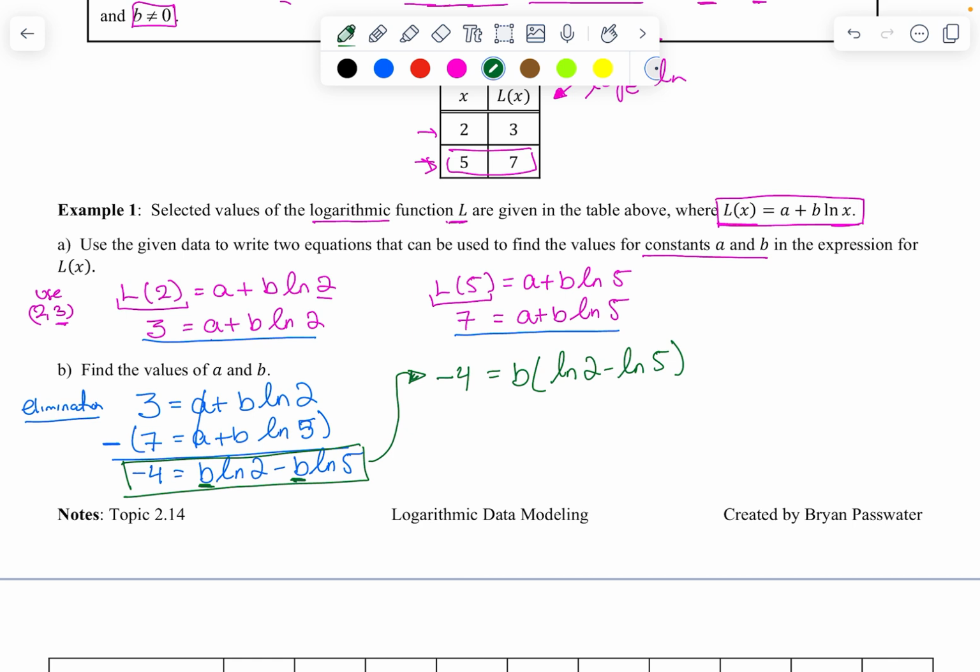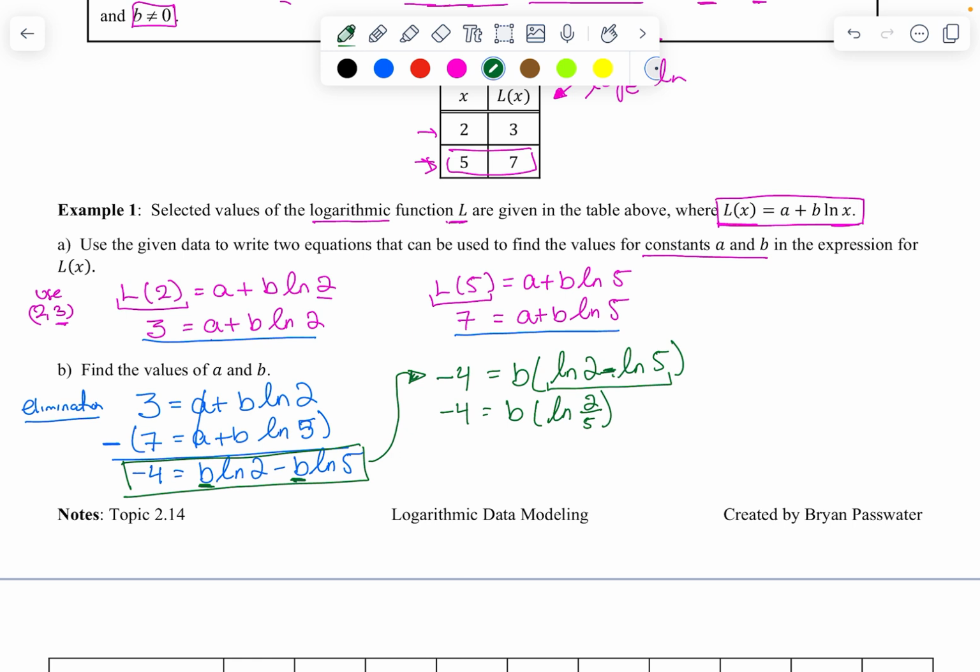Okay. Next up, I'm going to use what I know about my log rules. And since these both are ln, I can use division and set this up as ln of 2 over 5. Now remember, ln of 2 over 5 is a number.